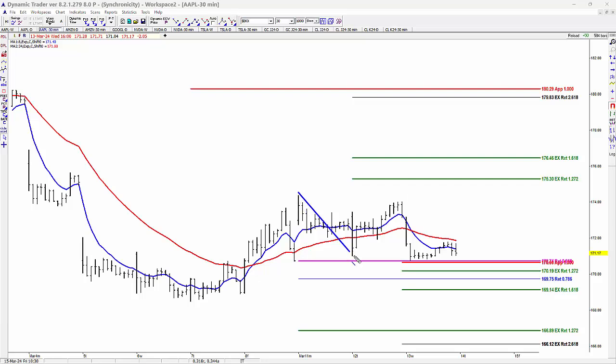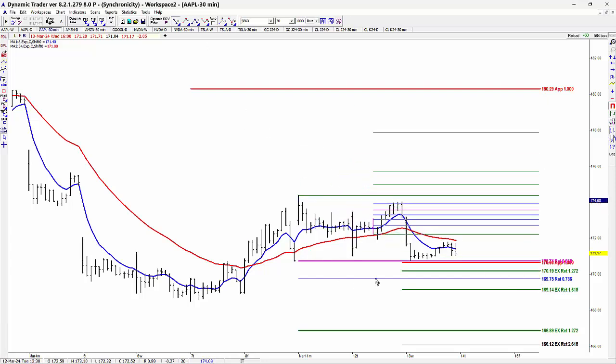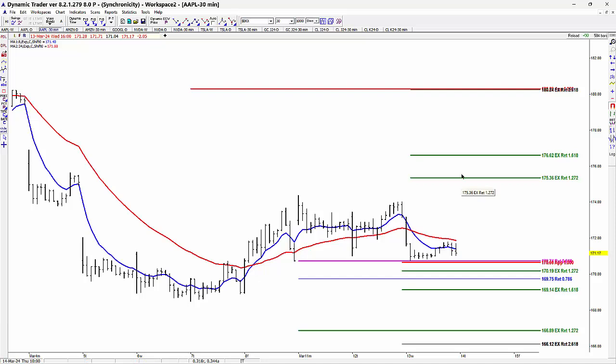So yeah, this would have been a 2-step pattern that included the 1272 symmetry projection and a 618 retracement. And if it held this area, the potential would be to the 1272 of the full zigzag, whatever that would be. So let's see, this high to this is the low that's held.